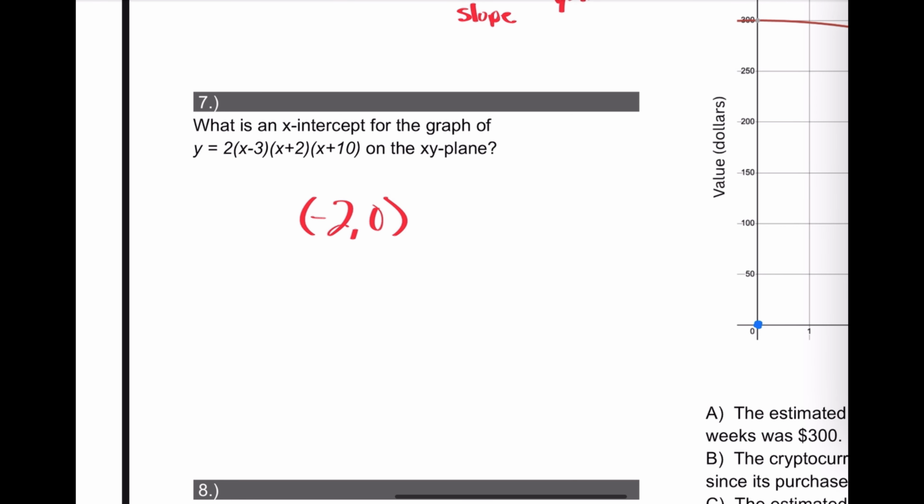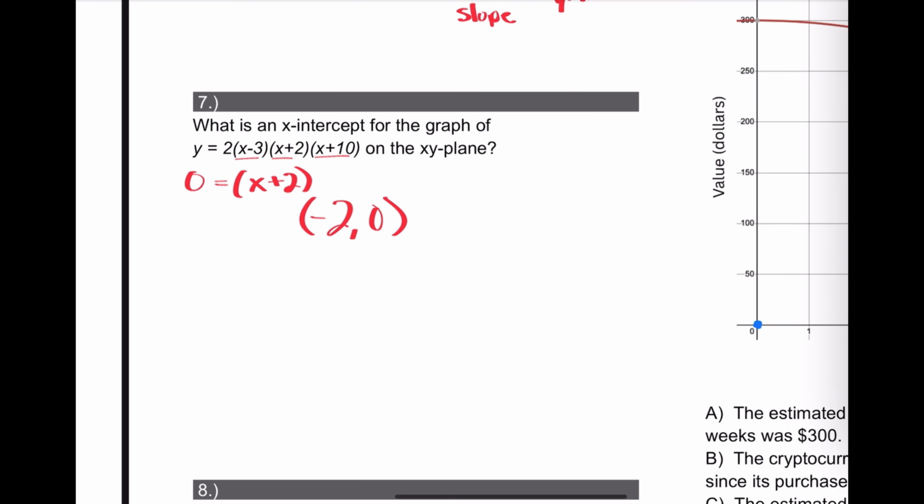Another way to do that is to know that the x-intercept happens when y equals 0. So you could use any of these three factors. Let's look at the one we used, x plus 2. What value of x makes that part of the equation equal to 0?